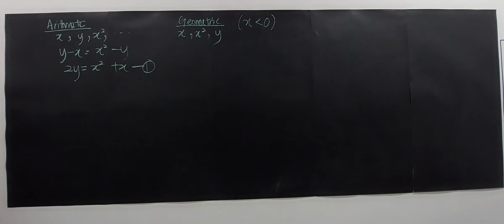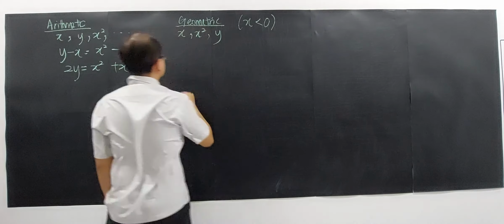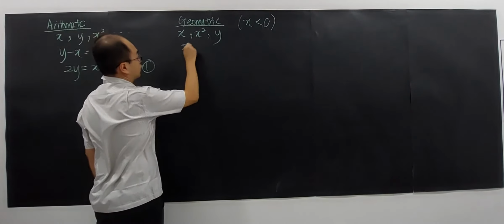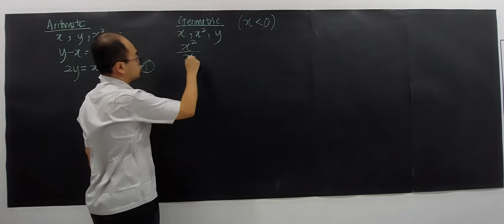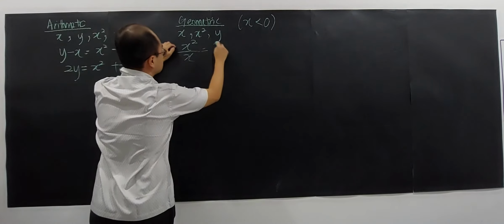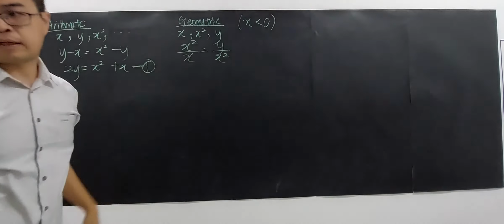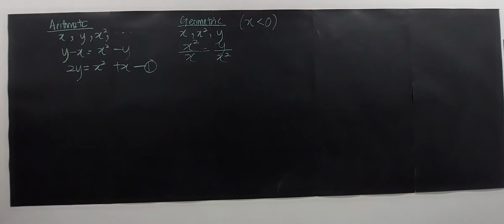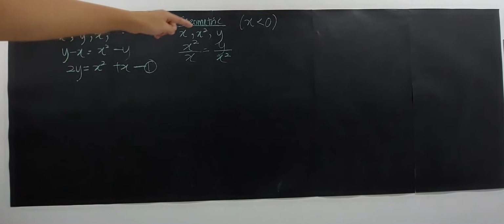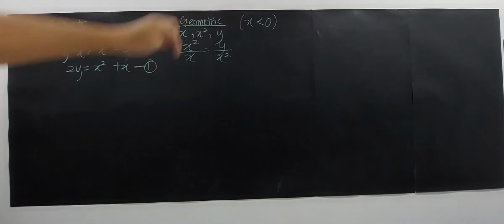Using the knowledge for geometric series to get another relationship, we talk about the common ratio. x squared over x is the same as y divided by x squared, that is, T2 divided by T1 is the same as T3 divided by T2.